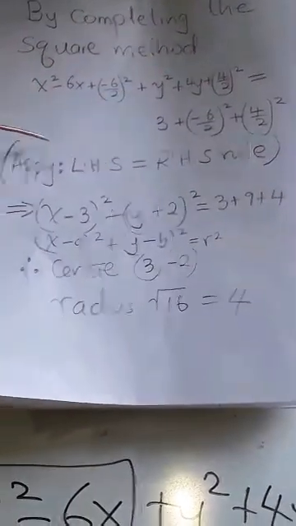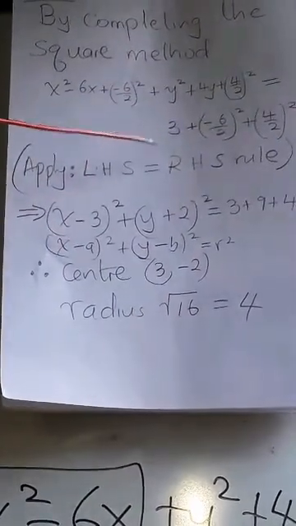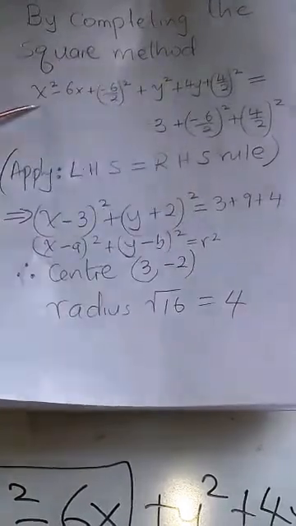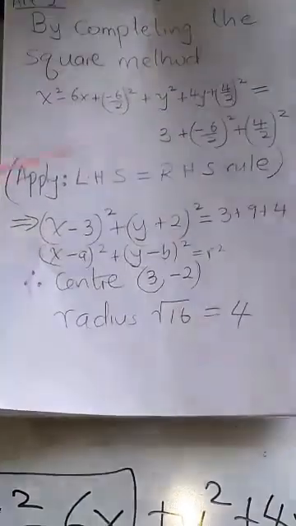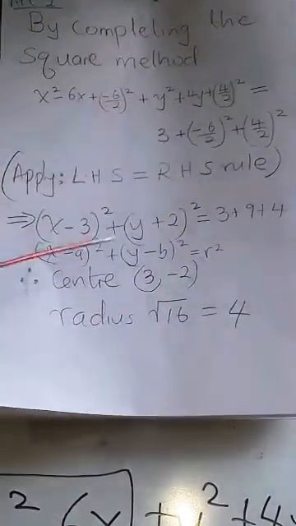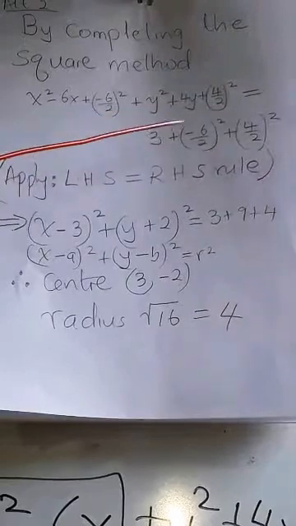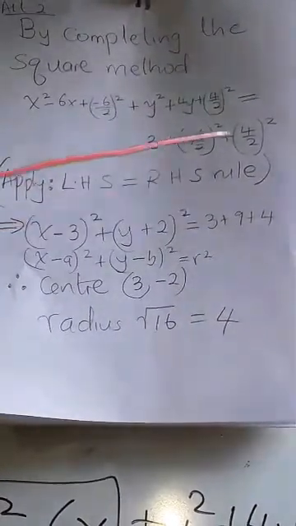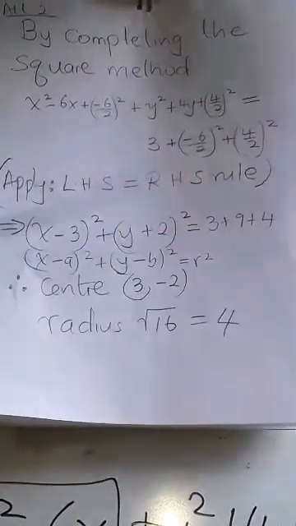That is what we say, apply the left-hand side rule is equal to the right-hand side rule. Alright, so the whole of this is what we have said is (x minus 3) squared. And the whole of this is what we have said is (y plus 2) squared. Now, this side is minus 6 over 2 is negative 3 squared is 9. 4 over 2 is 2 squared is 4. So 3 plus 9 plus 4.